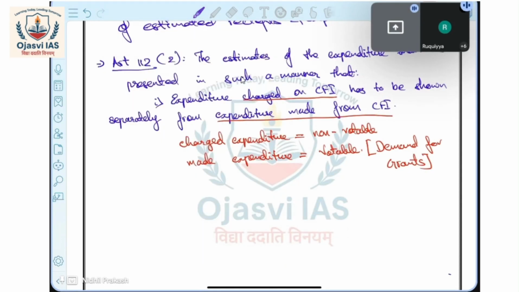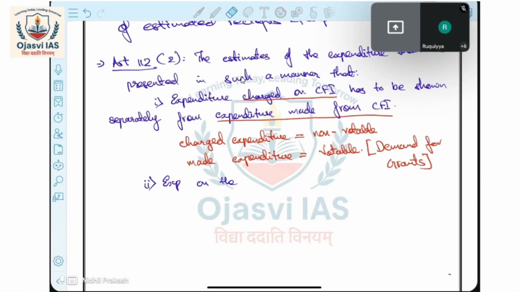I have to write one more statement under Article 112 Clause 2, which many of you will be studying in your economics or have already studied, probably in macroeconomics. Expenditure on the revenue account. Have you studied revenue accounts in your economics classes?